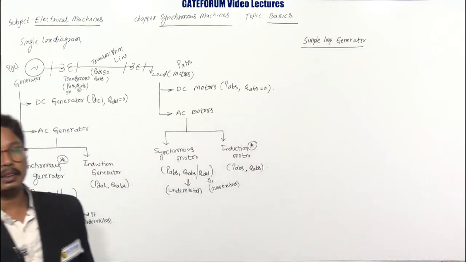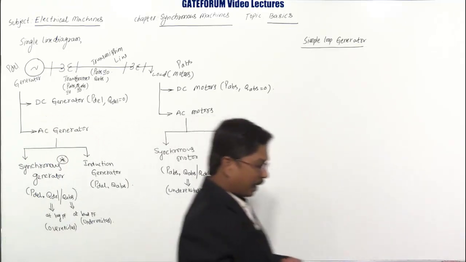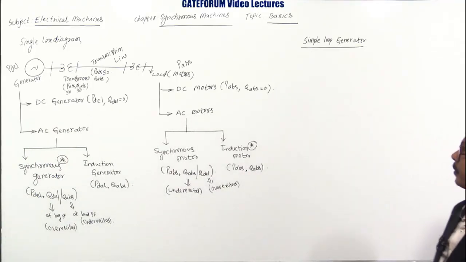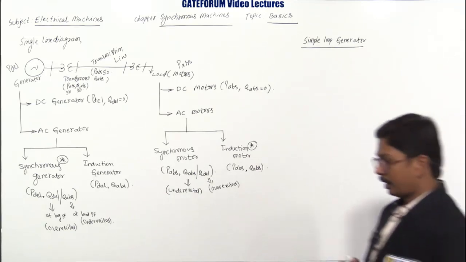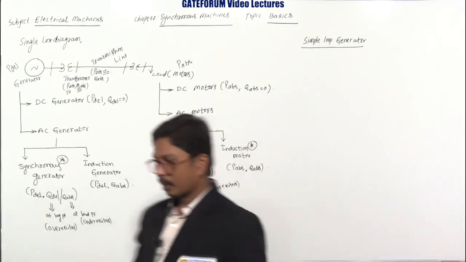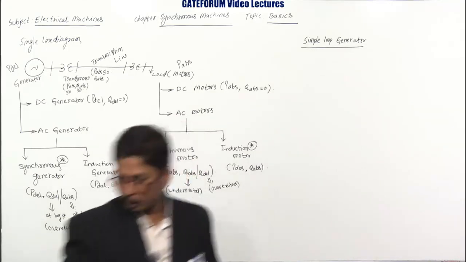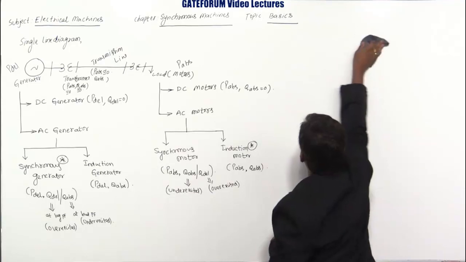First of all, we will discuss the synchronous generator, and then later we will move to the synchronous motor category. How can we create a generator? While moving into the simple loop generator, we will see the operating principle of the synchronous generator.